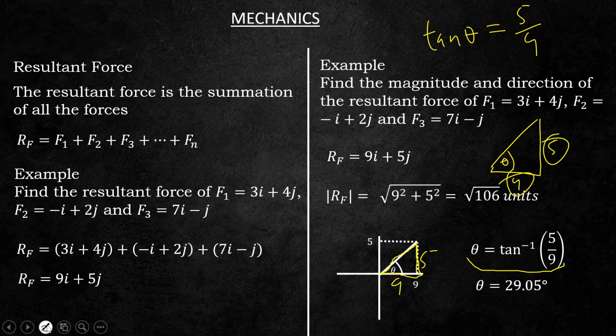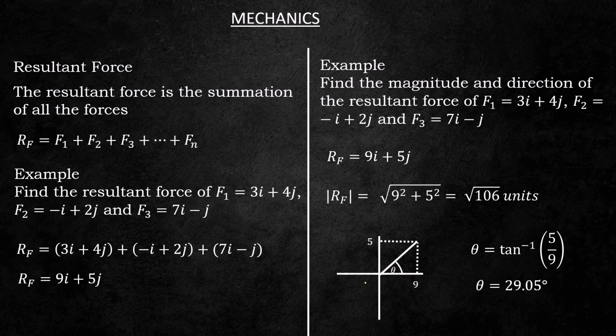But that is not going to be our answer. The angle we've just found is for the line and the x-axis. But we start measuring the angle from the north. So we are supposed to measure the angle from here until we get to this line.